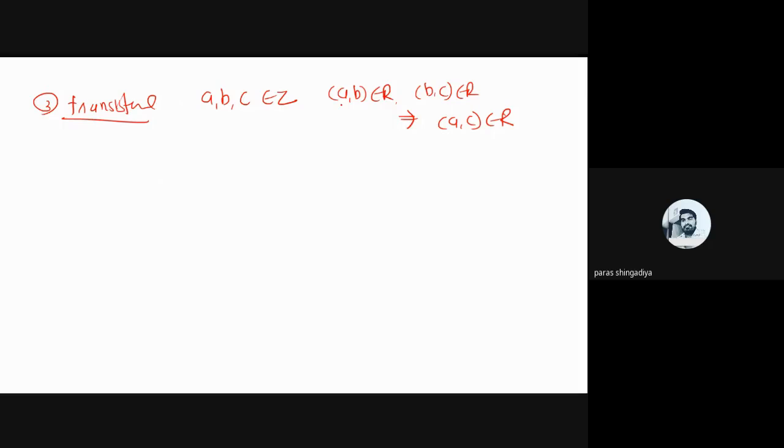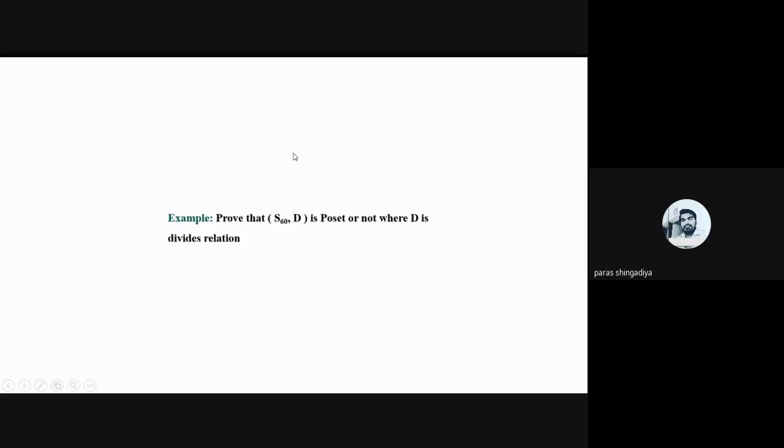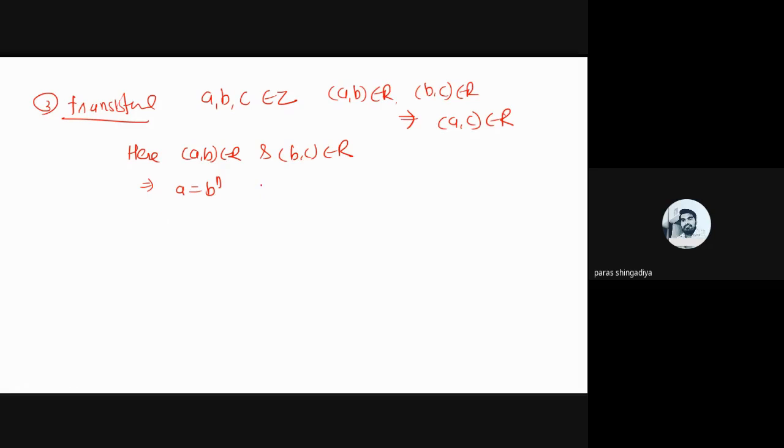Let us start with these two relations: (A, B) belongs to R and (B, C) belongs to R. That is given in the relation. It means A can be written as B raised to n, and B can be written as C raised to m, because we apply both relations at a time.